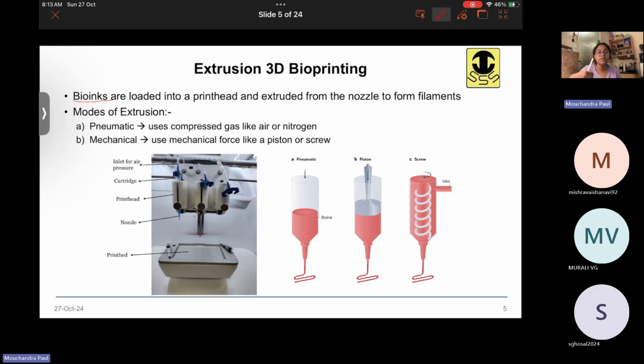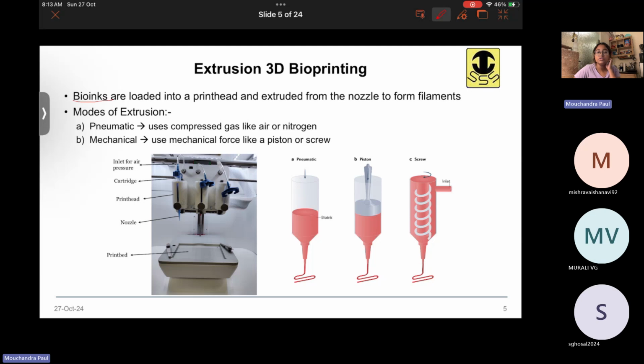The person making jalebi presses the pipe holding the batter, and it falls like thread over the oil. That is also a process of extrusion. Similarly, when you pipe cream over cake, that is also extrusion. So extrusion is a daily life process that happens everywhere.